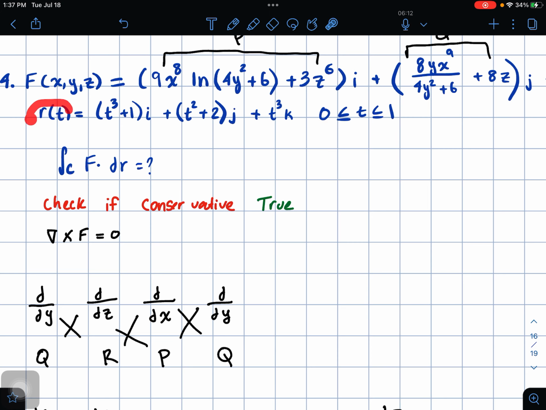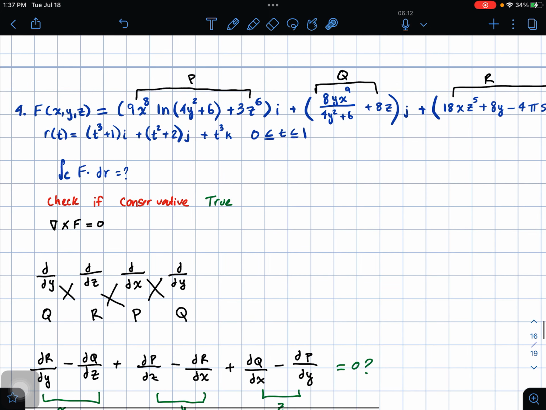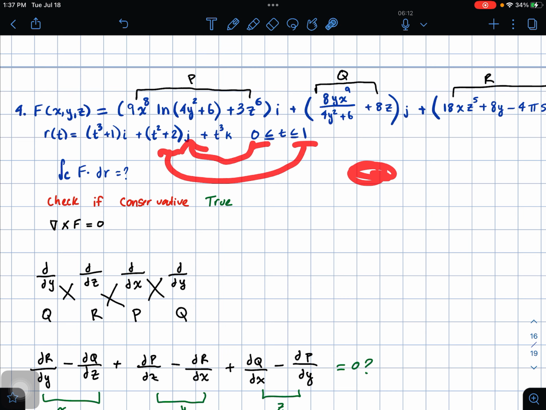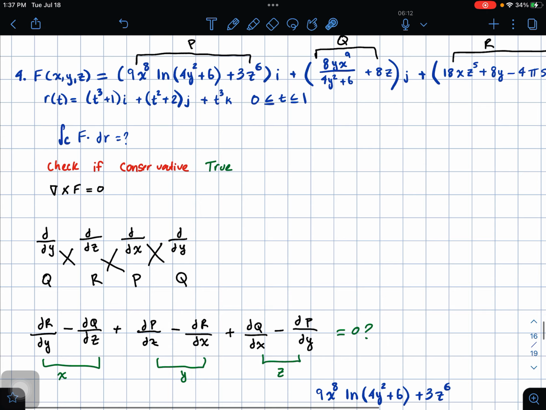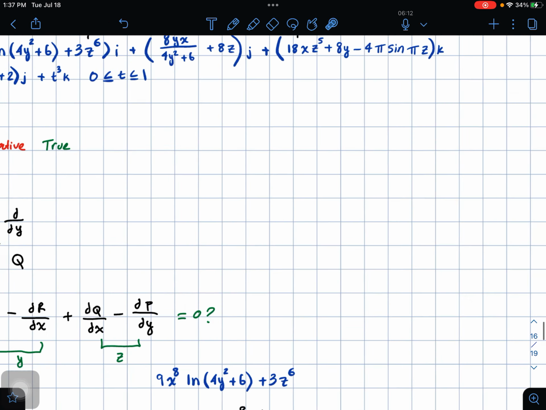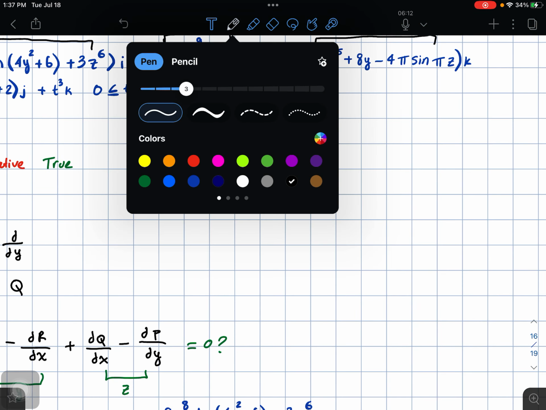So what we can do is just compute r at t, because like I said before, when we solve, we're going to have something like this, right? And to get whatever that point in the middle is with these endpoints. So what I'm going to do is compute those endpoints, because it's the easiest thing we can do right now. So let's do that.